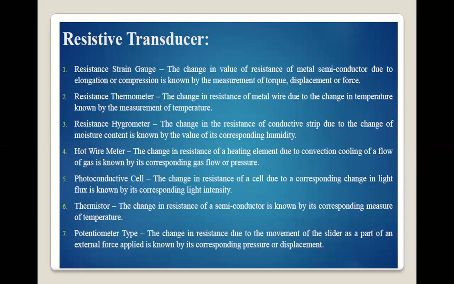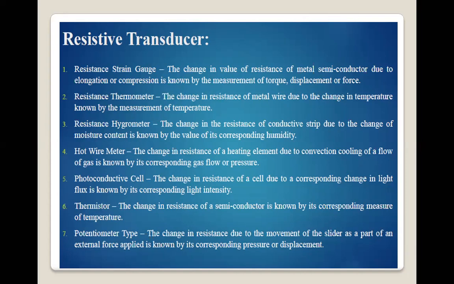They are able to measure the change in torque, displacement, or force, because when torque, displacement, or force is applied on the metal surface, there is a change in either the length or the area. That indicates a change in the resistance, which corresponds to the change in the torque, displacement, or force.